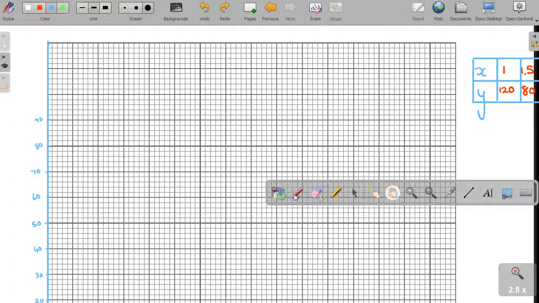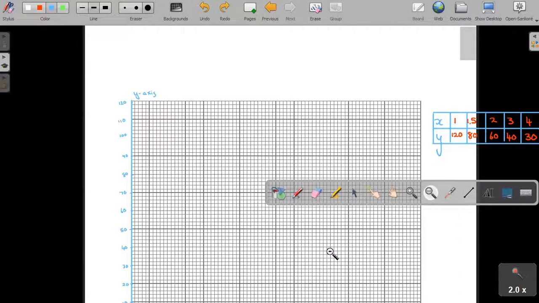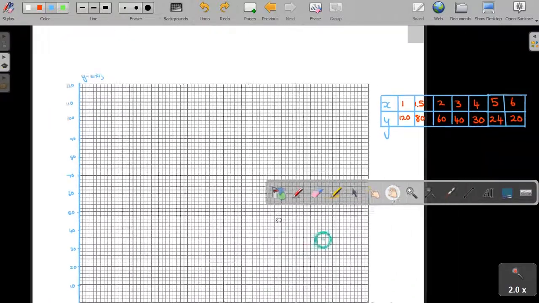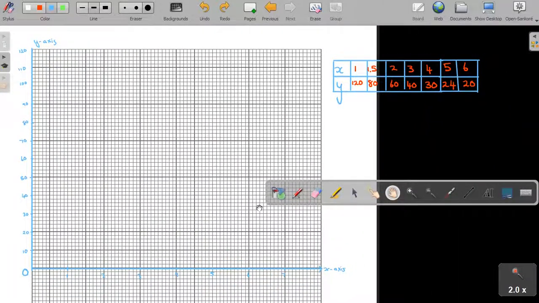I think it's just going to fit. 90, 100, 110. It's actually better to move it a little bit down, but it's going to work. Okay, so this is my x-axis and this is my y-axis. Now I'm just going to make it a bit smaller. Okay, there it is. And now they say plot the points.